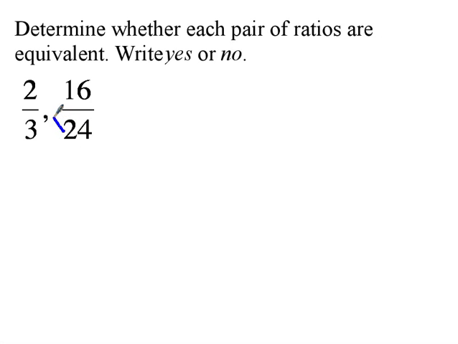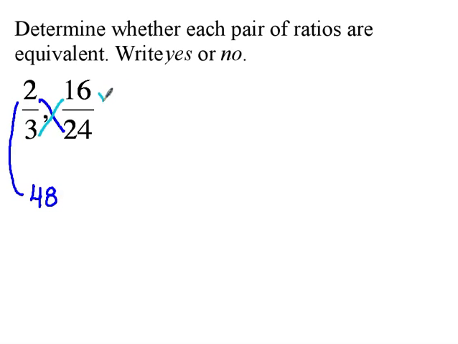I'm going to take the bottom right times the top left. So I'm going to take 24 times 2, and I'm going to write my answer right down below. What is 24 times 2? 48. And we actually have a special name for these, and we'll talk about that in a little bit on the next few slides. Now I'm going to start at the bottom left. So basically I'm going to kind of make a cross.